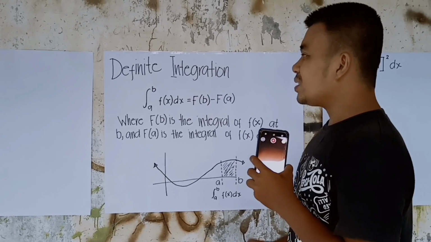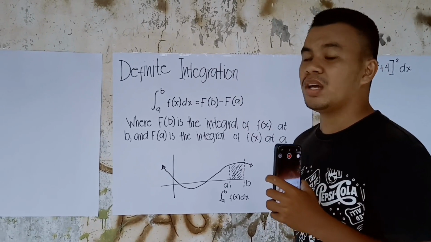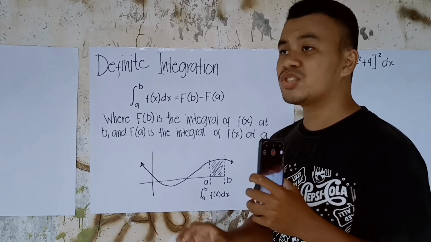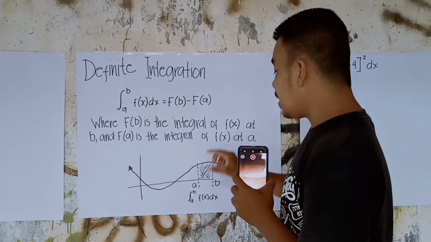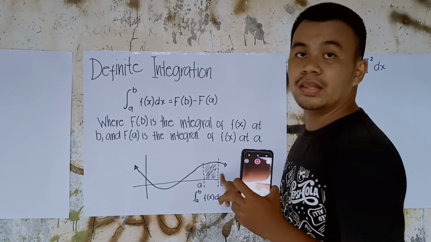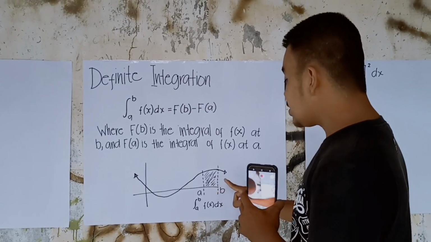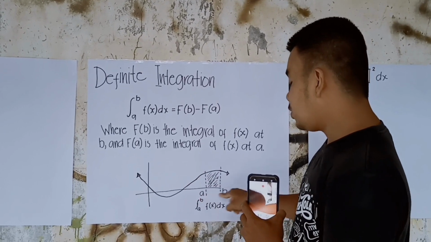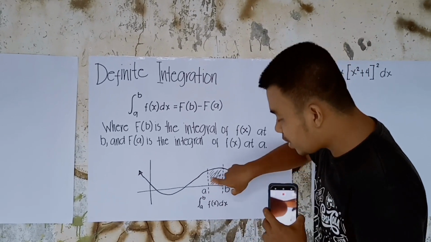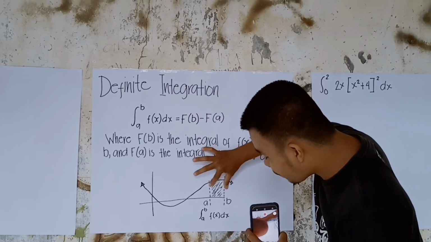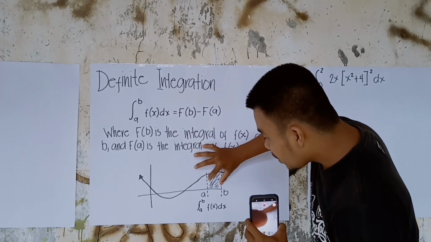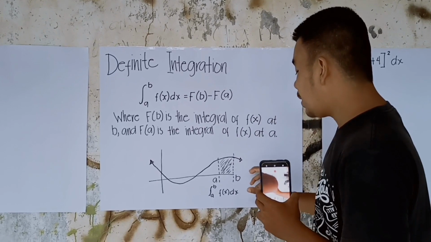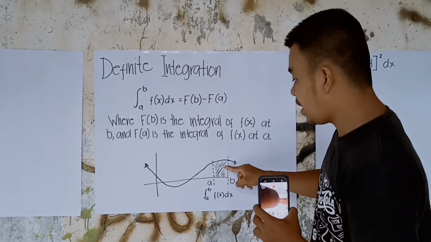So what is the use of definite integration? The use of definite integration is simply solving the area of a curve on a plane. We will solve the area of the curve on a plane from a to b, the exact, precise and correct amount of its area.